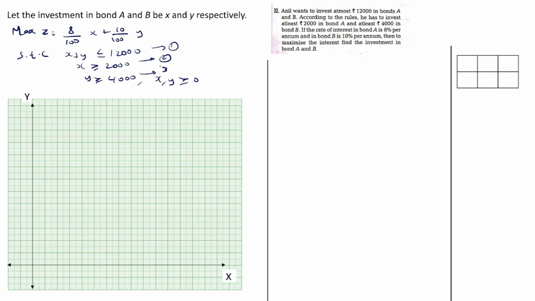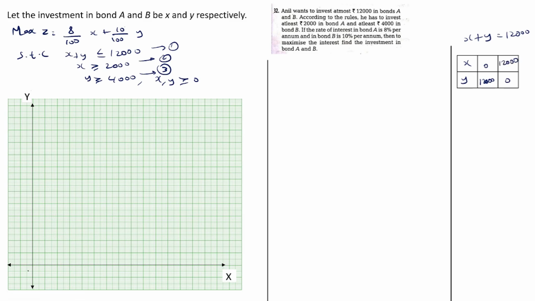So first let us draw the line corresponding to x plus y equal to 12,000. So here when x is 0, y is 12,000, and when y is 0, x is 12,000.